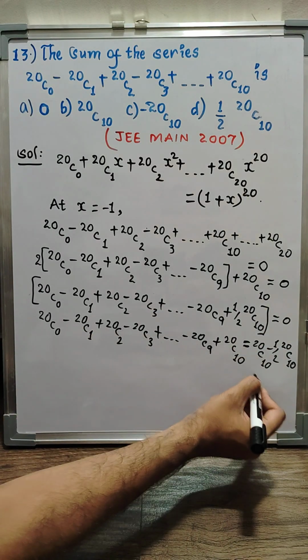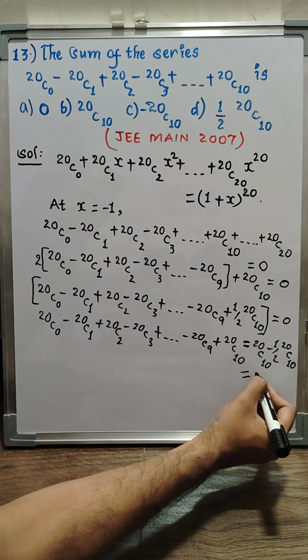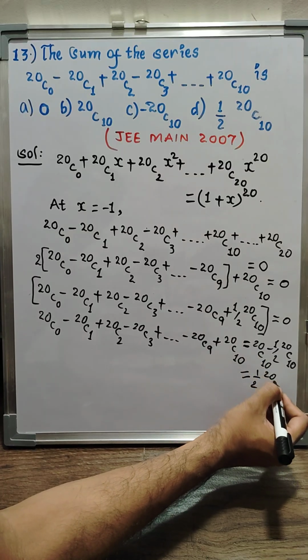So this expression value becomes 1 minus half, which is half of 20C10.